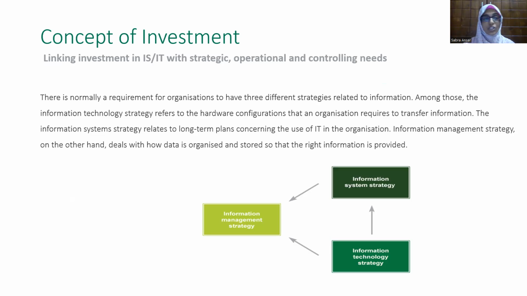This information system strategy generally relates to the long-term plans concerning the IT of the organization. And the management strategy generally deals with how the data is organized or stored and things as such.